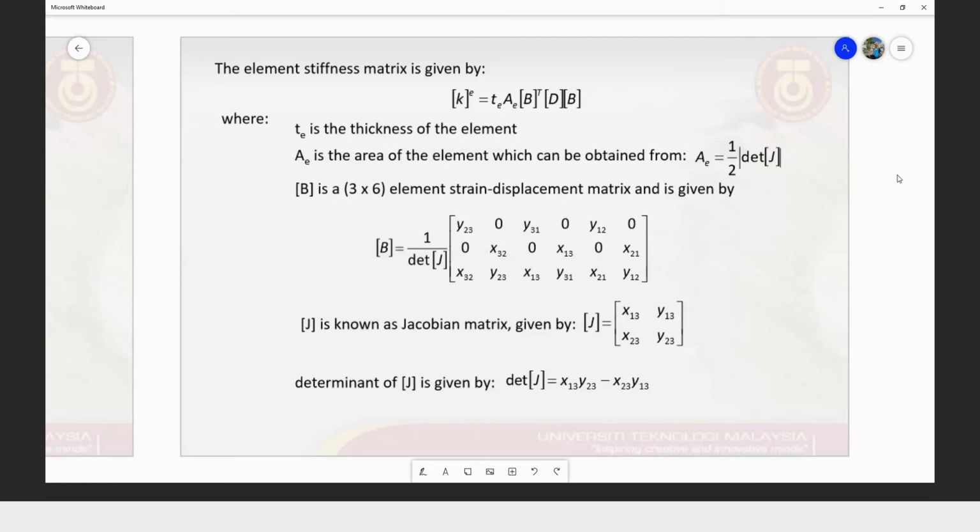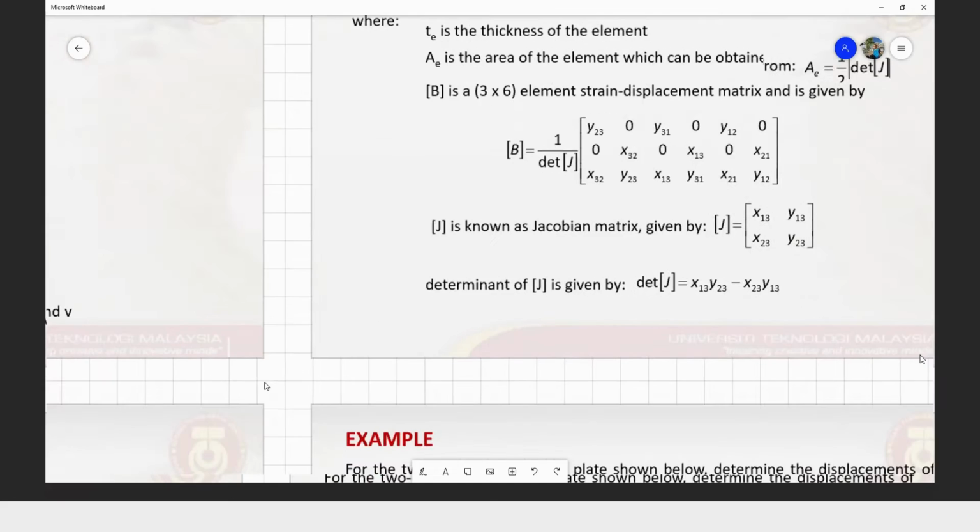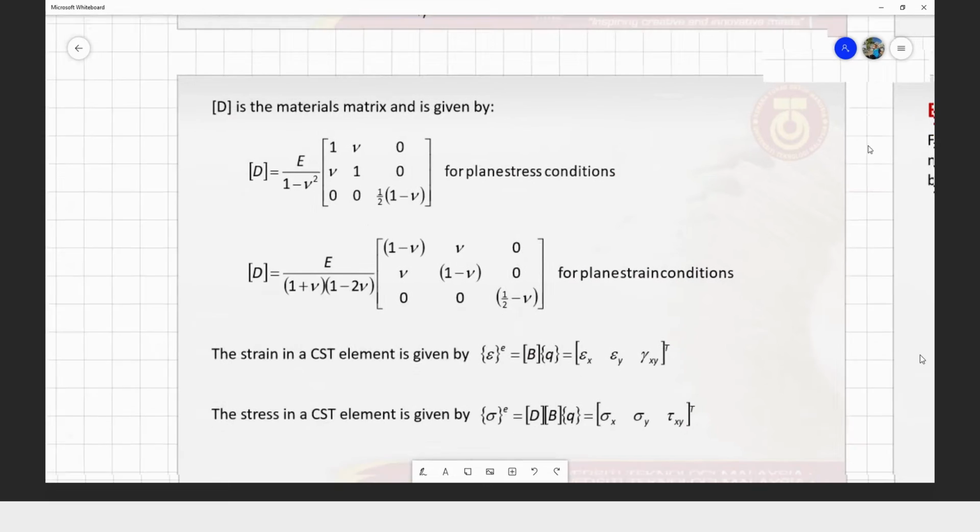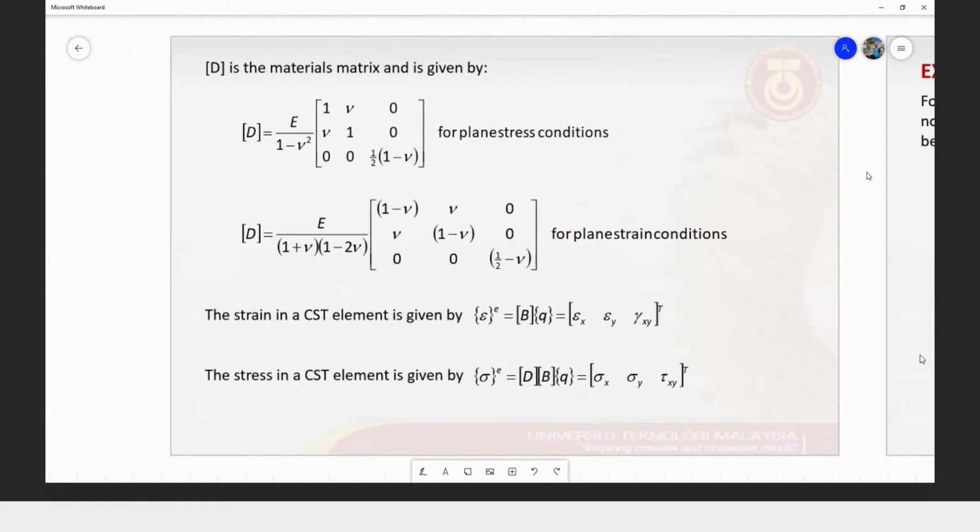If we remember, y23 refers to y2 minus y3 in the coordinate system. And then we have the D matrix, which is the material matrix that we must include in the element stiffness matrix. So for one CST element, we have to include the material information of that particular CST element.